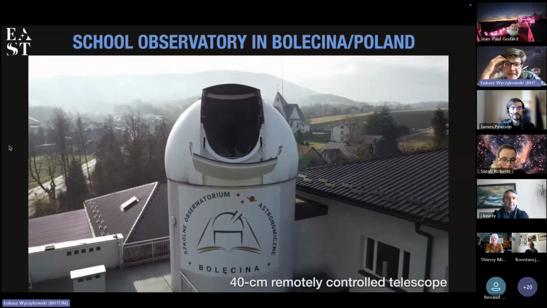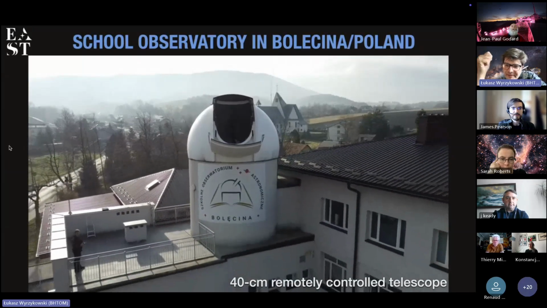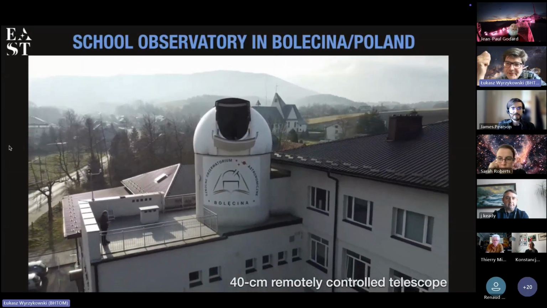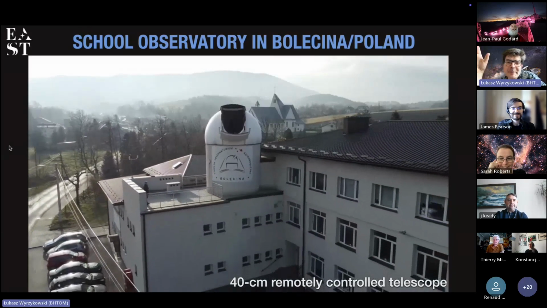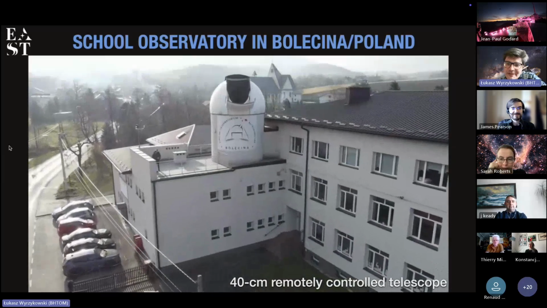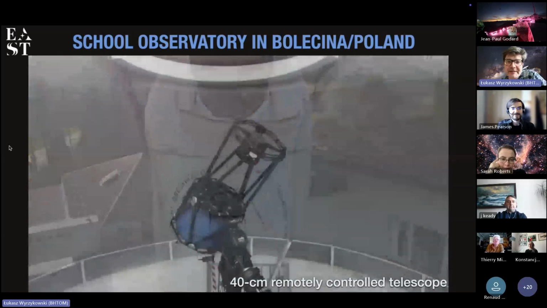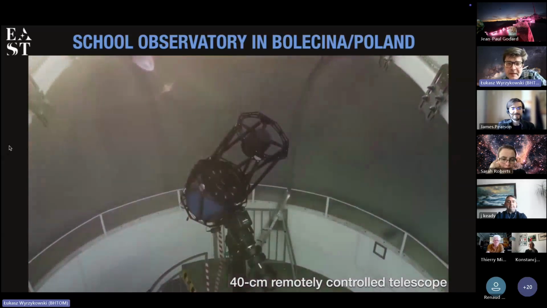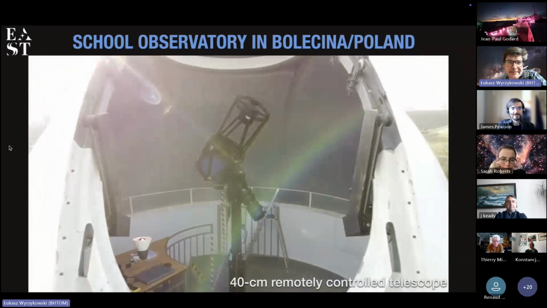You actually see the church in the background, which is lit normally, but the observers have a remote, and you can switch off the illumination of the church when you are observing. So there's some community response as well. And this very telescope is delivering beautiful, scientifically valid data. I just showed this as an example.